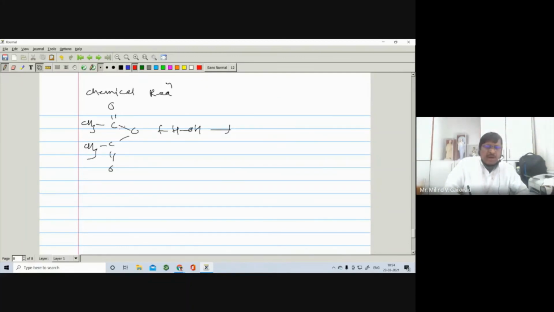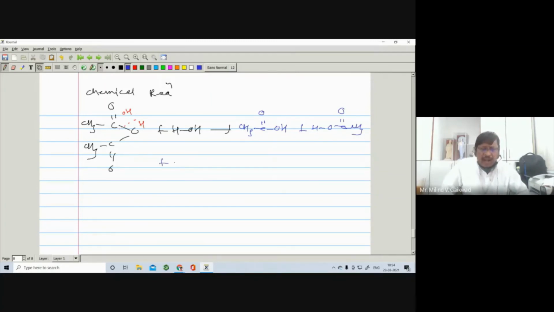There is an attack of water, addition of OH, addition of H, and you get CH3 C=O OH plus HO C=O CH3, meaning you get the corresponding carboxylic acid.